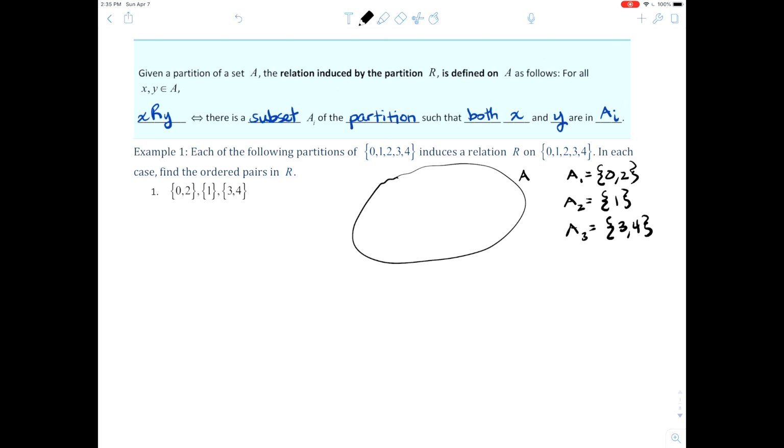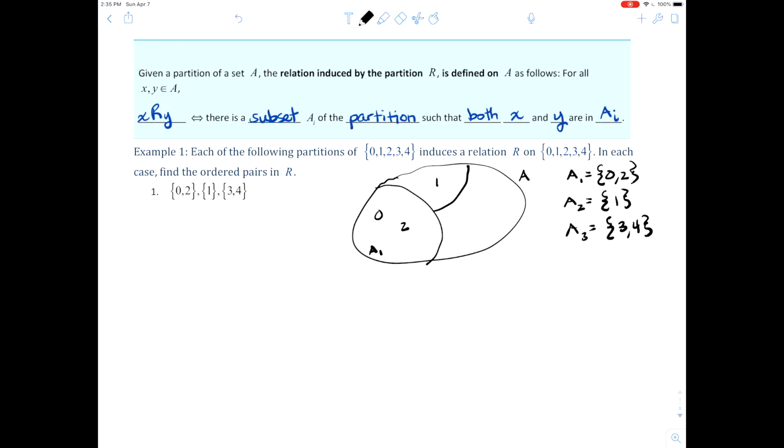We've got a 2 element set here, which contains 0 and 2, so we could call this one our A1, which we did. And then the second subset, A2, just had the element 1 in there.